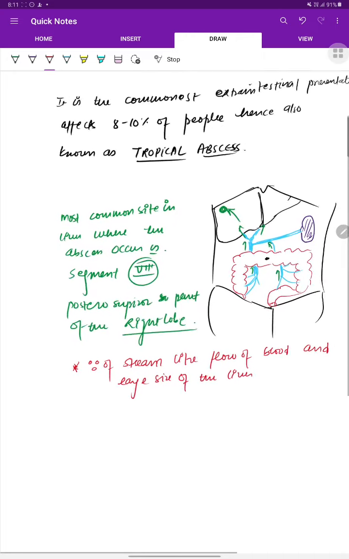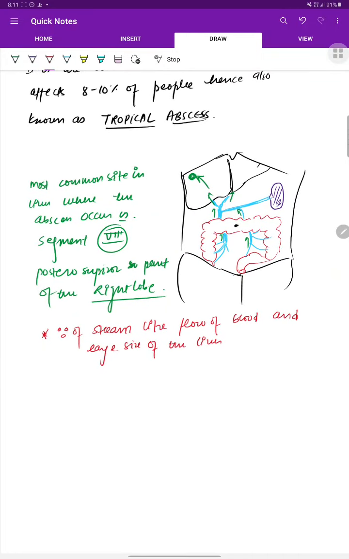Okay, so when the trophozoites reach the liver, they first destroy the hepatocytes. Destruction of hepatocytes occurs by histolysin.